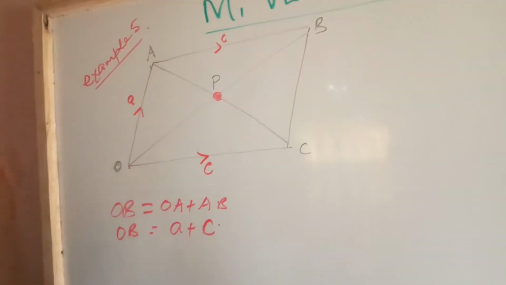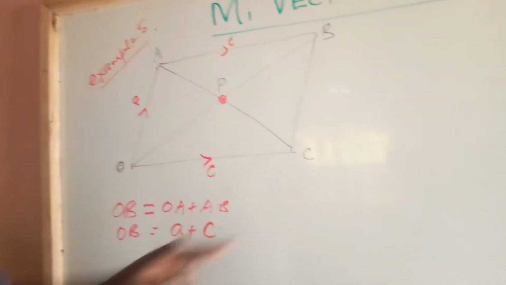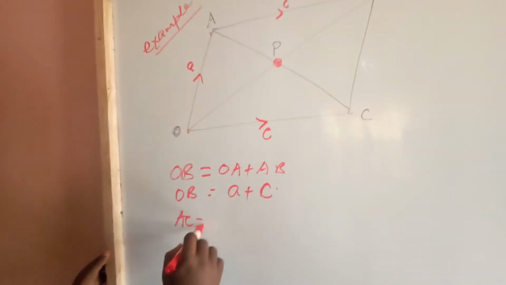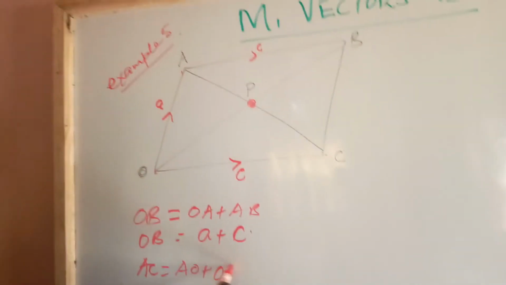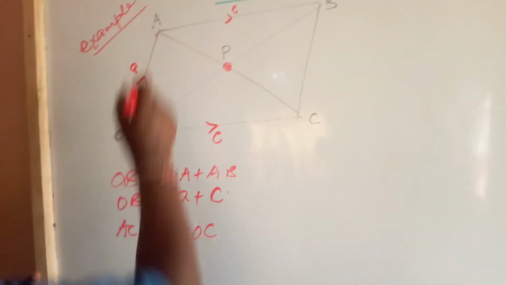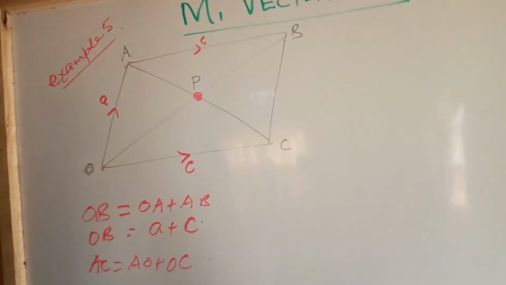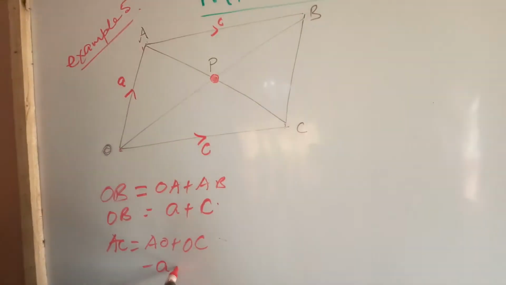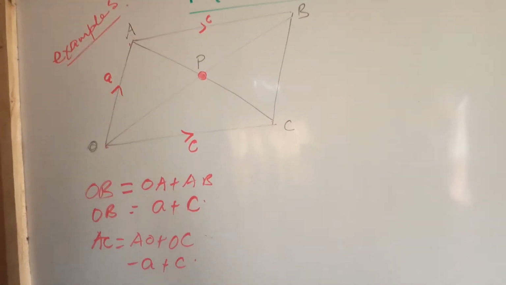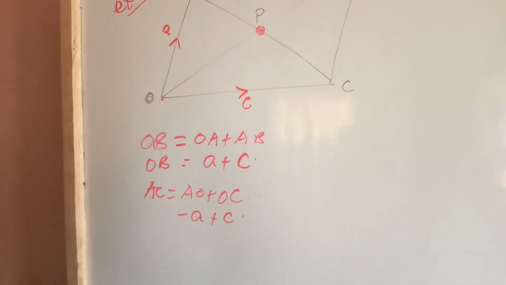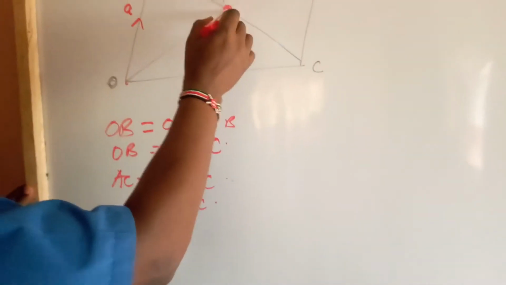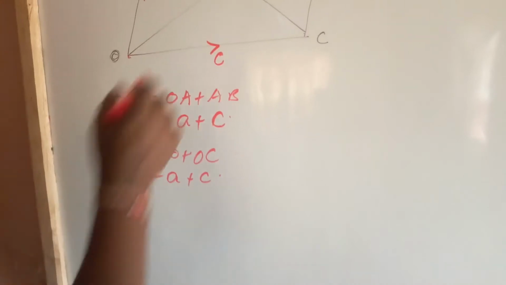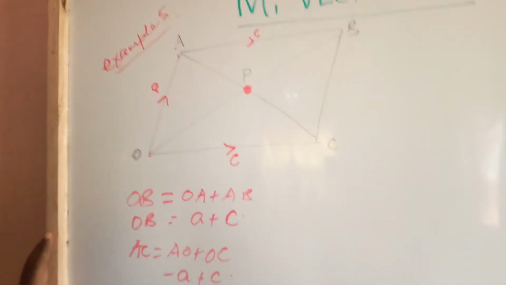Another vector we are supposed to consider is the other diagonal, which is AC, which is AO plus OC. And of course you can see AO is the opposite of OA, so AC is minus a plus c. After that, we have to consider the position of point P. Of course, you can see point P is lying on OB.